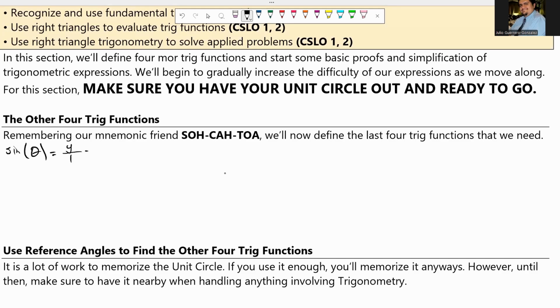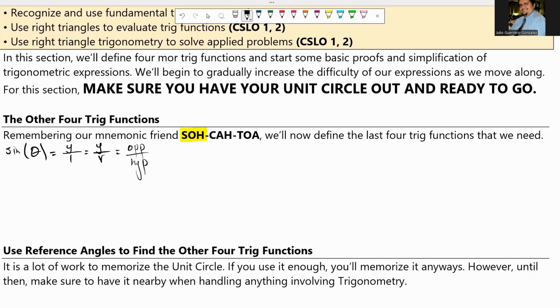On a circle of radius r, it's going to be the y component with respect to r. And if you use SOHCAHTOA, it's opposite over hypotenuse. Hopefully you remember that one.